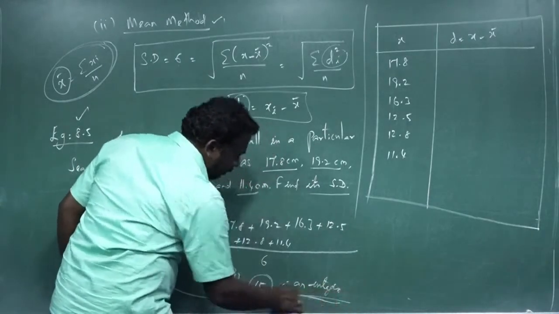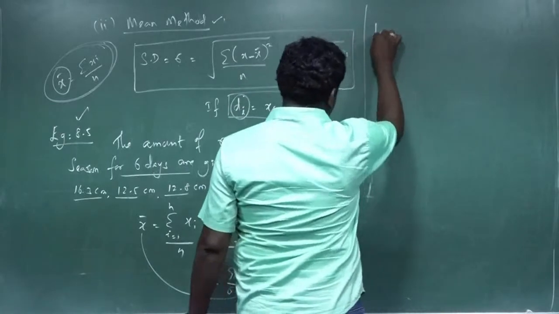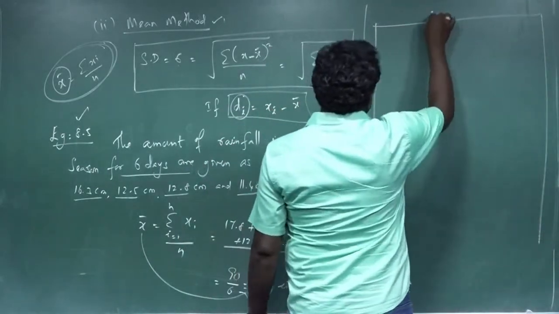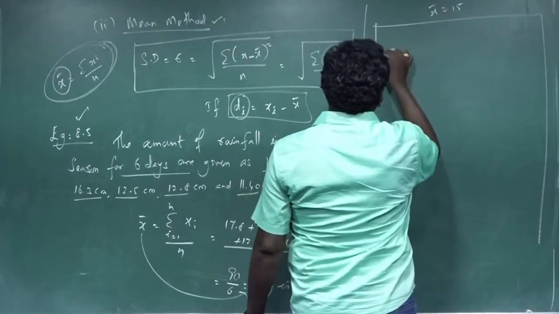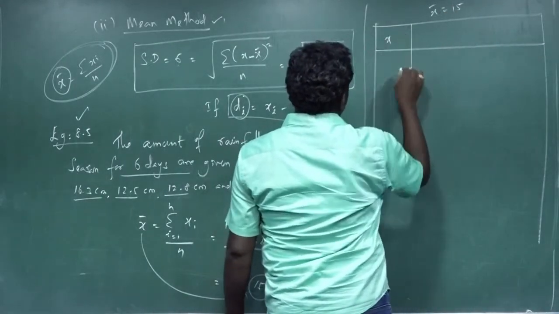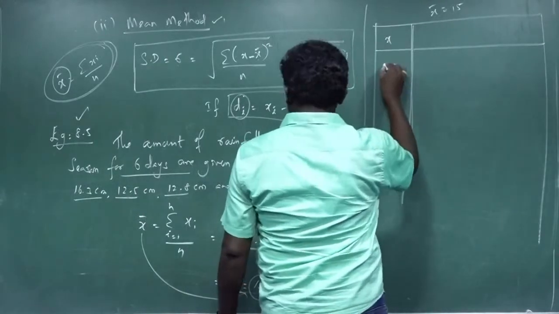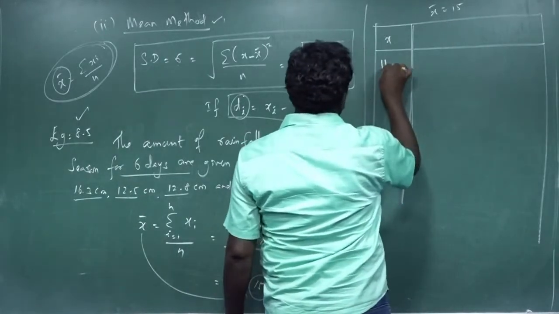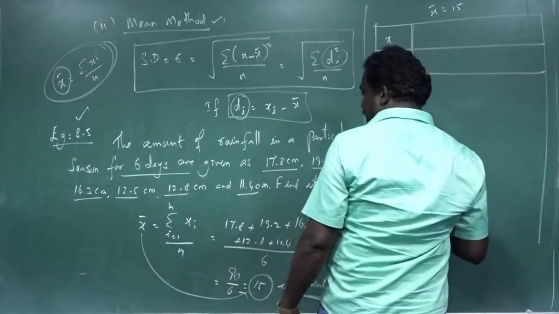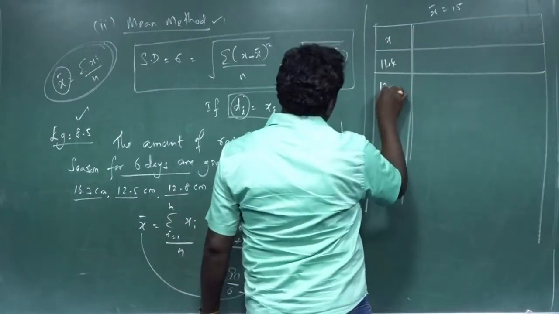Now first form the table. Here x bar is equal to 15. The x values are given in ascending order. First the least value, 11.4. Then the next least value, 12.5.